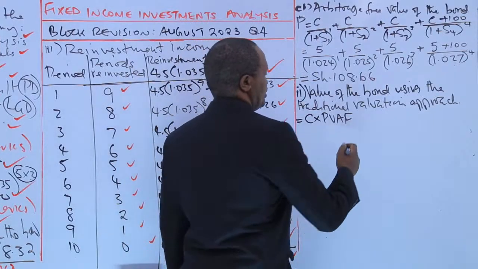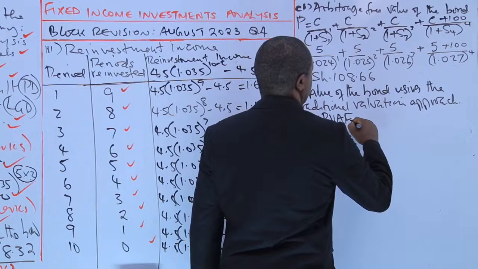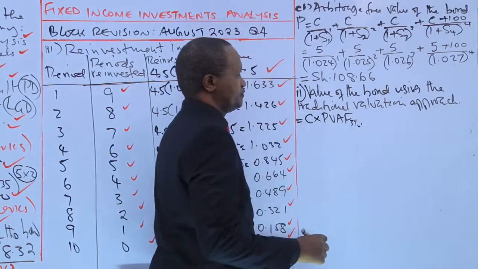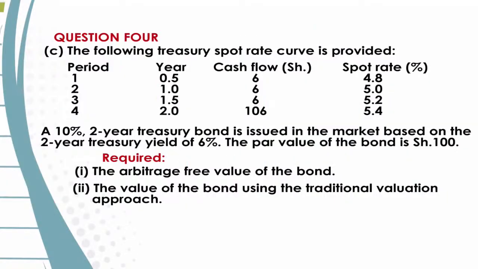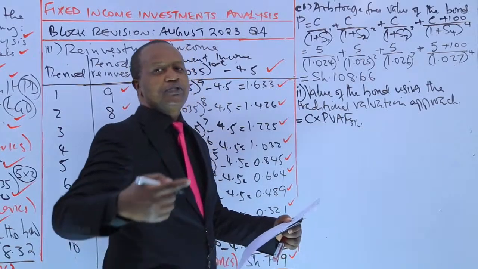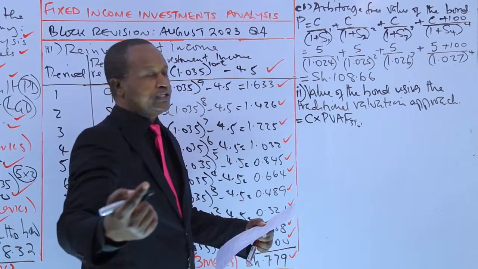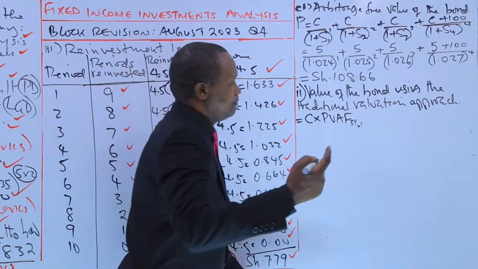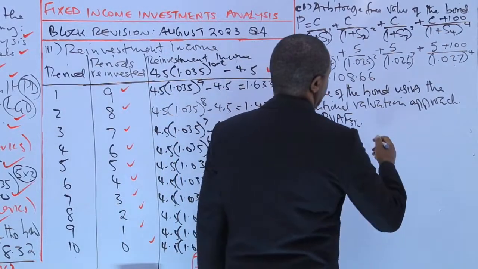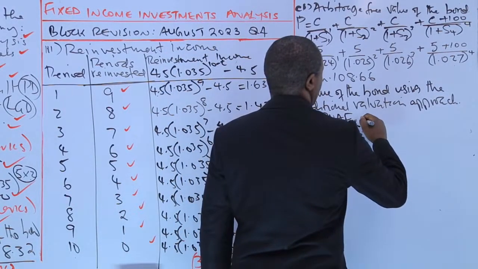So the R will be 3%, and it is a 2-year treasury yield times 2. That is going to give us the period. 2 times 2 is 4.